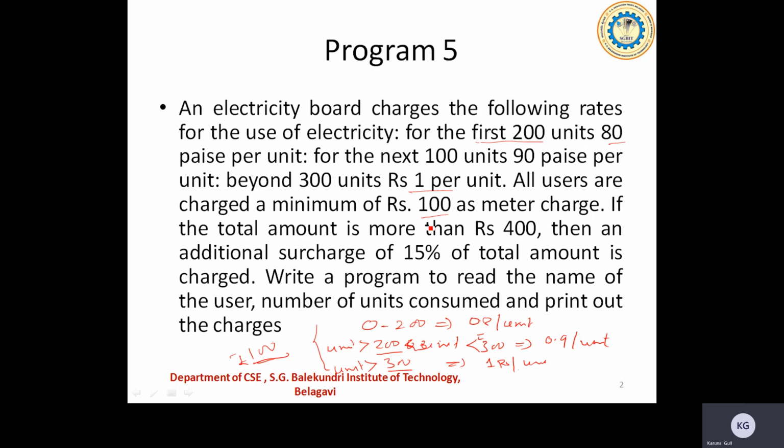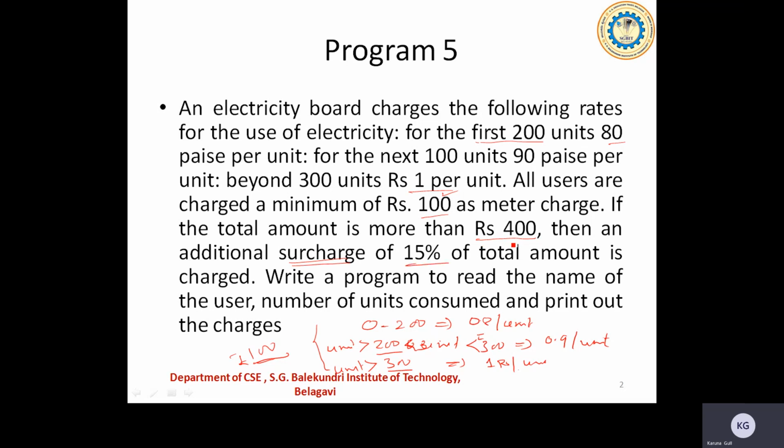The meaning of this is, for every charge calculation, you need to add this 100 rupees. Next, after doing all those things, once you get some amount, whatever charge you have calculated, you have to check that amount. If it is more than 400 rupees, then you need to pay an extra surcharge, that is 15%.